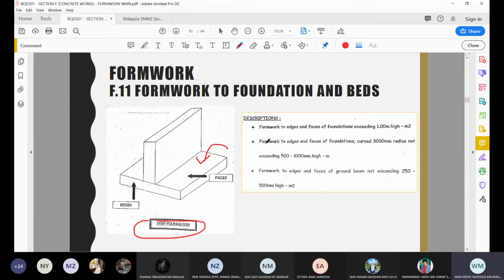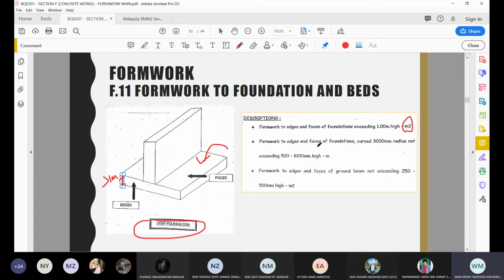Okay, description contoh dia bagi formwork to edges and faces of foundation exceeding 1 meter high. So unit dia dalam meter square. Kalau katakanlah ni lebih daripada 1 meter lah. Formwork to edges and faces of foundation, curve, 3000 mm radius, not exceeding 500 to 1 meter high.